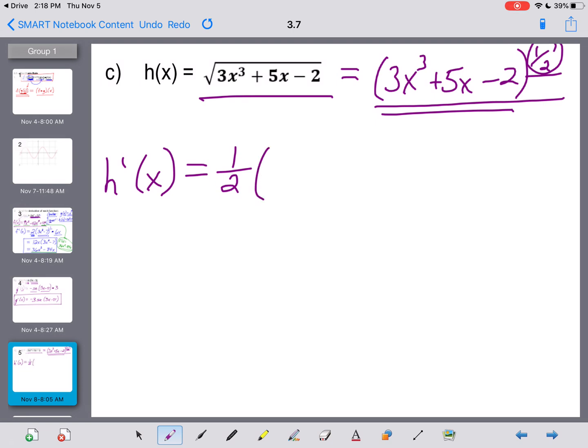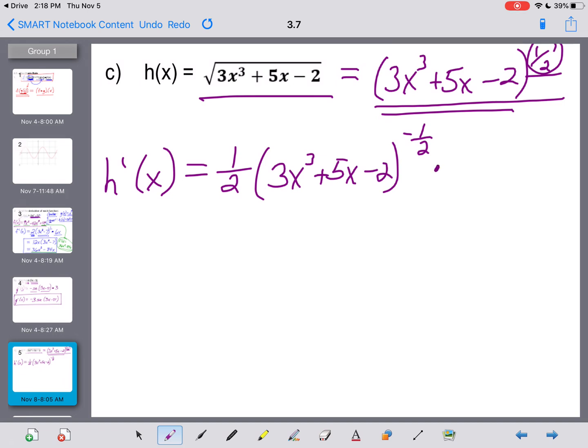Here's the most important part. The base remains the same. That's going to stay a 3x cubed plus 5x minus 2. Now we drop that exponent by 1, and 1/2 minus 1 is going to get us a negative 1/2. So that's the power rule. That's the derivative of the outer part. That's the f prime of g of x, but the base stayed the same.